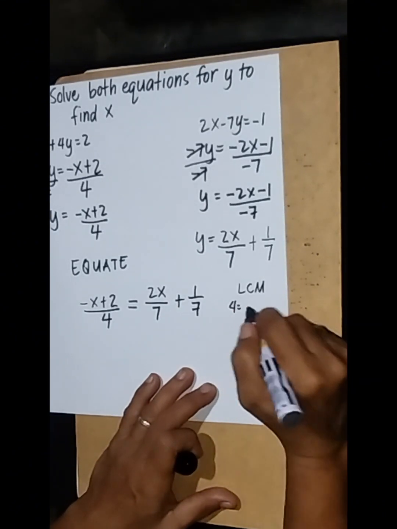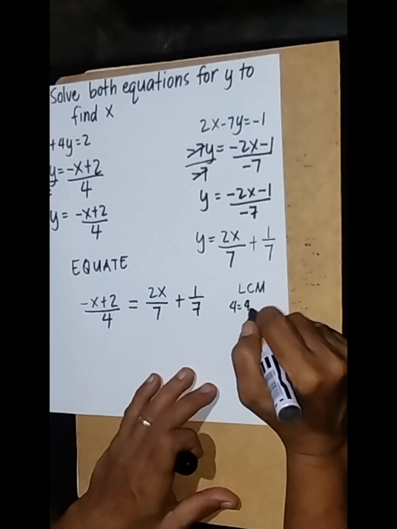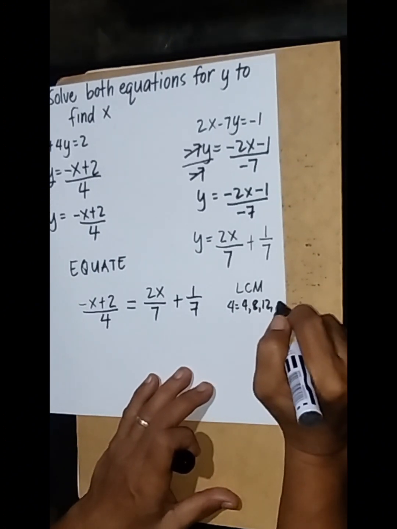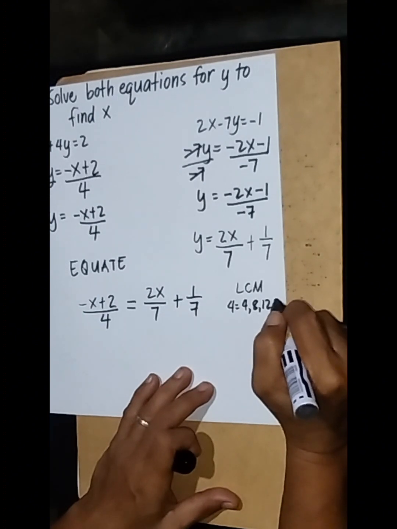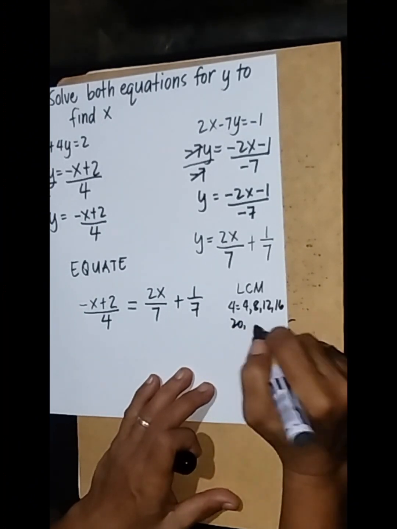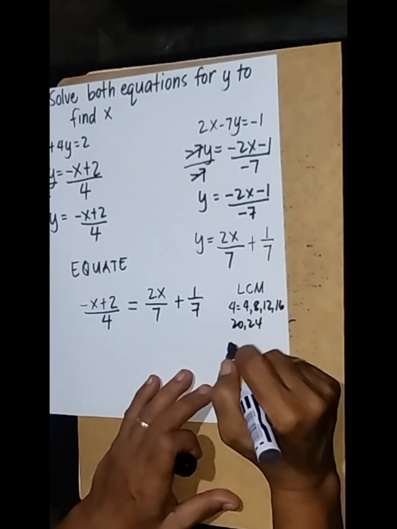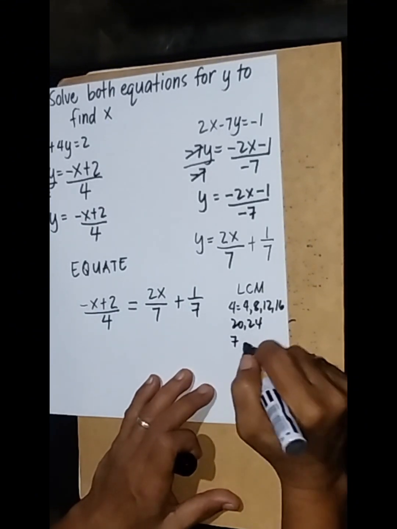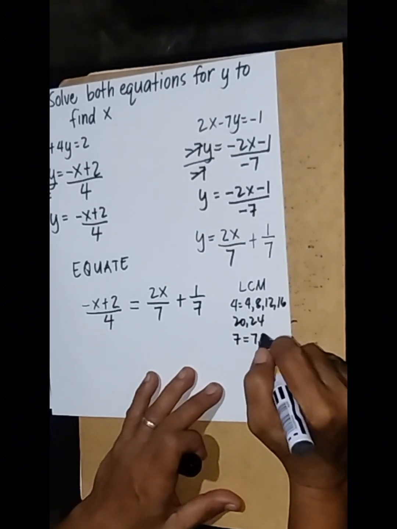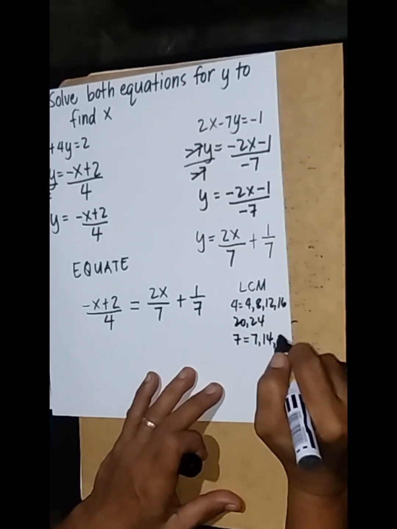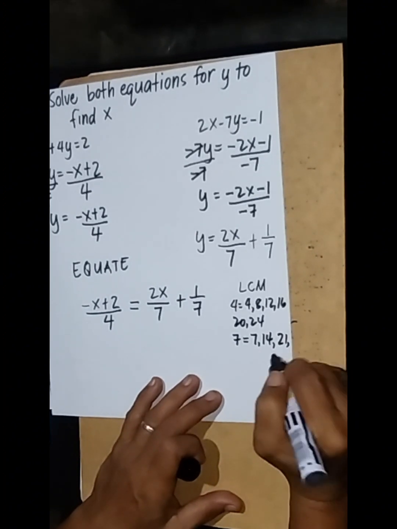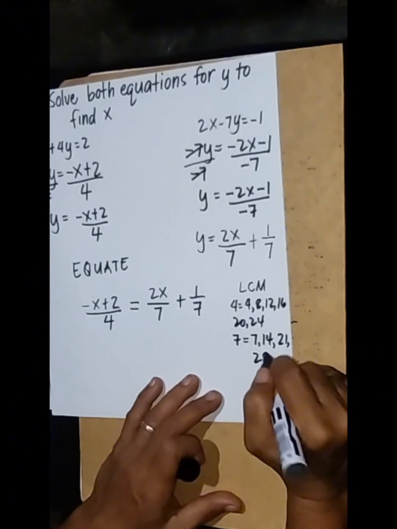Multiples of 4: 4 plus 4 is 8, plus 4 is 12, plus 4 is 16, plus 4 is 20, plus 4 is 24. For denominator 7, we have 7 plus 7 is 14, plus 7 is 21, plus 7 is 28.